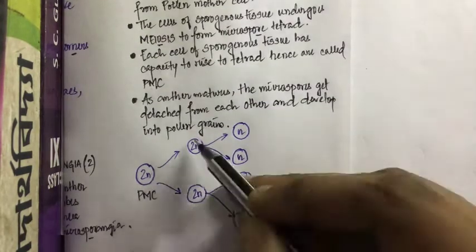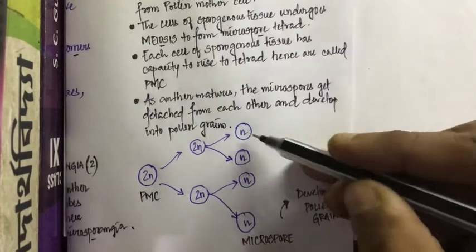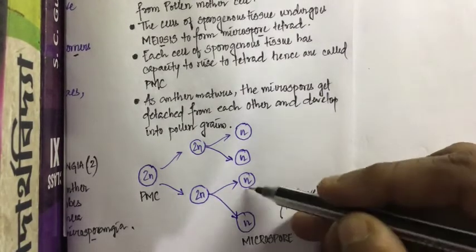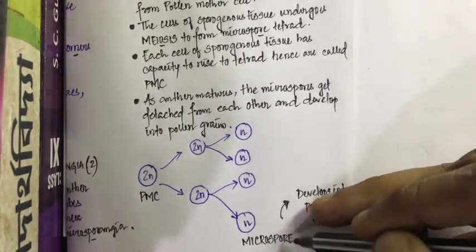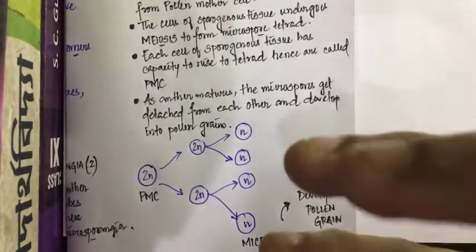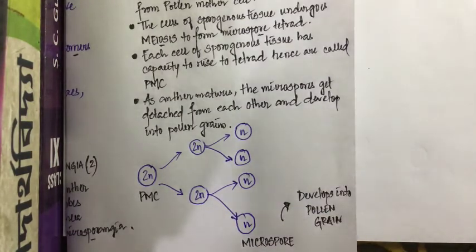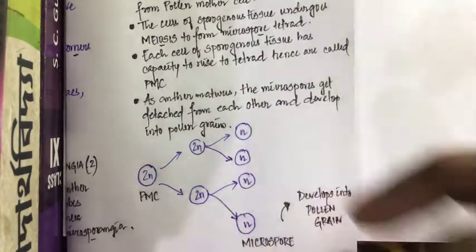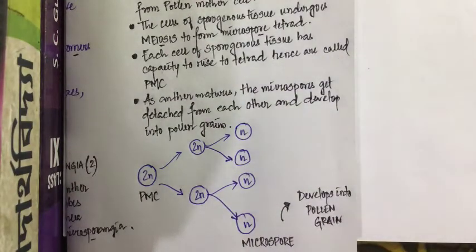This pollen mother cell divides by the process of meiosis and produces 4 haploid cells. Each of these 4 haploid cells is called microspore, and 4 of them together is called what? Microspore tetrad. When the anther becomes matured, when the time comes to reproduce, at that point of time, these microspore tetrads get detached from each other and they form pollen grains.